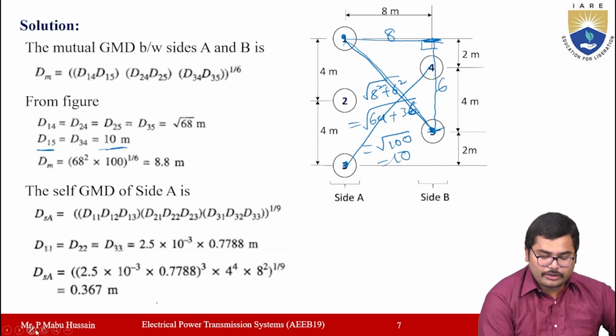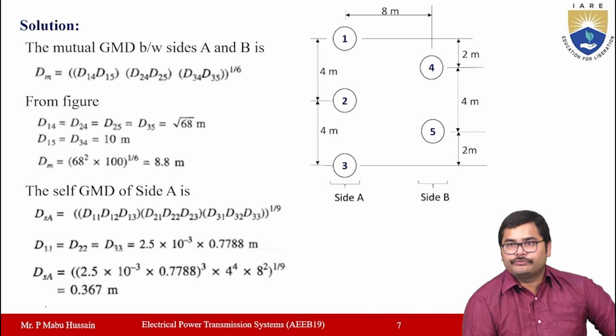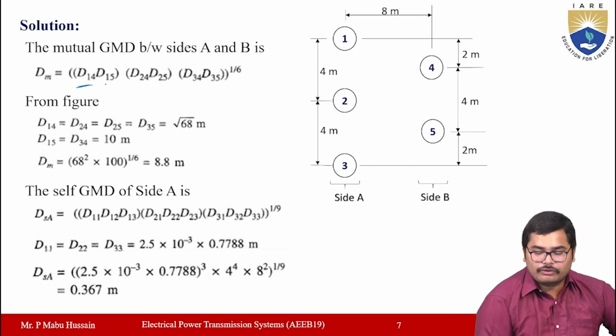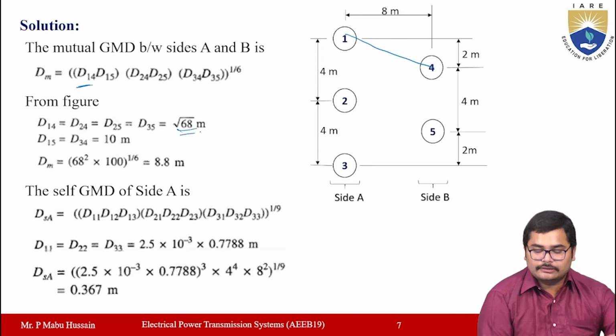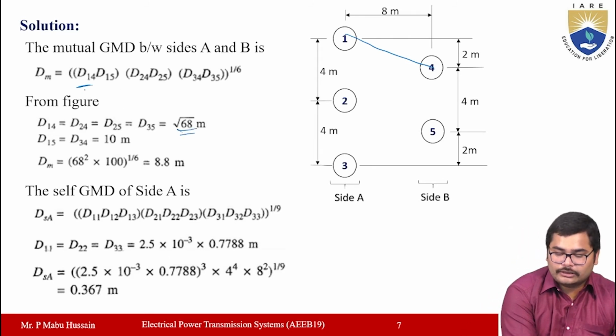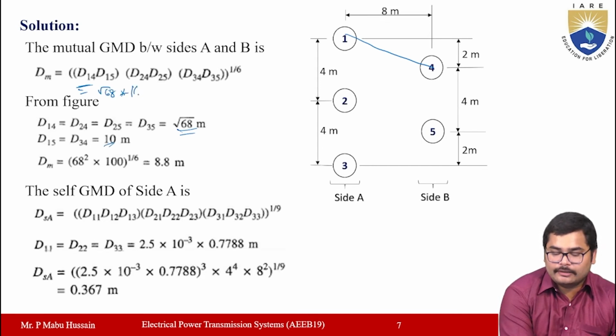Now you have got all the distances here. So what is the D14 distance? D14 is this distance, which is root 68. You substitute here: root 68 multiplied by D15, which is 10, multiplied by D24, which is again root 68, multiplied by D25, again root 68, and D34, this value is 10, and D35 will be again root 68, whole to the power of 1 by 6.